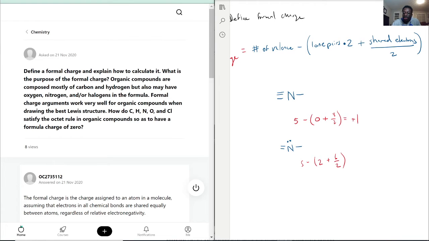Shared electrons, there are 6 in total, and that would equal 0. So, given the opportunity, if the elements to the left of nitrogen were still able to satisfy their octet rule, this right here would be the preferred choice for nitrogen, because it has a formal charge of 0. This is what they mean by trying to draw the best Lewis structure.